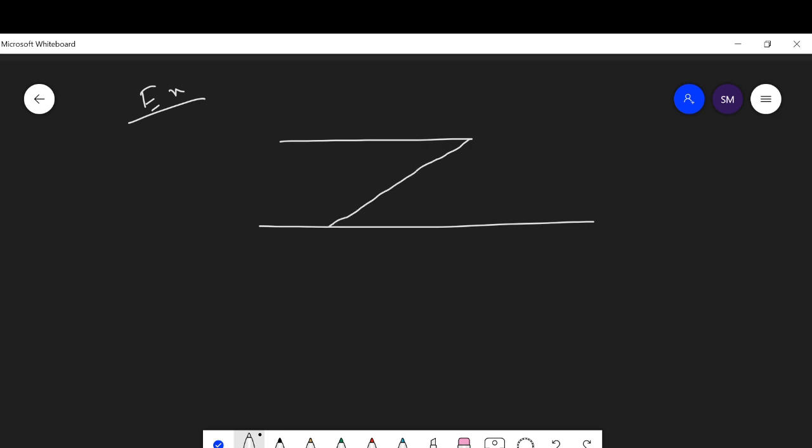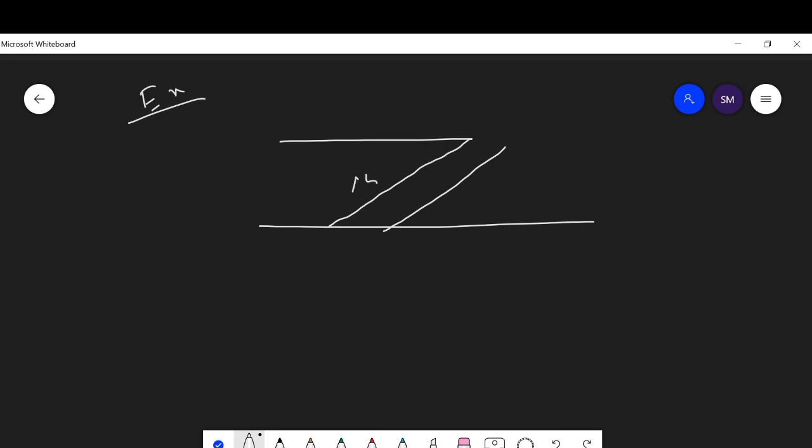Here another question says, a bridge across a river makes an angle of 45 degree with the river bank as shown in the figure. Here is the river. The length of the bridge is 150 meter.